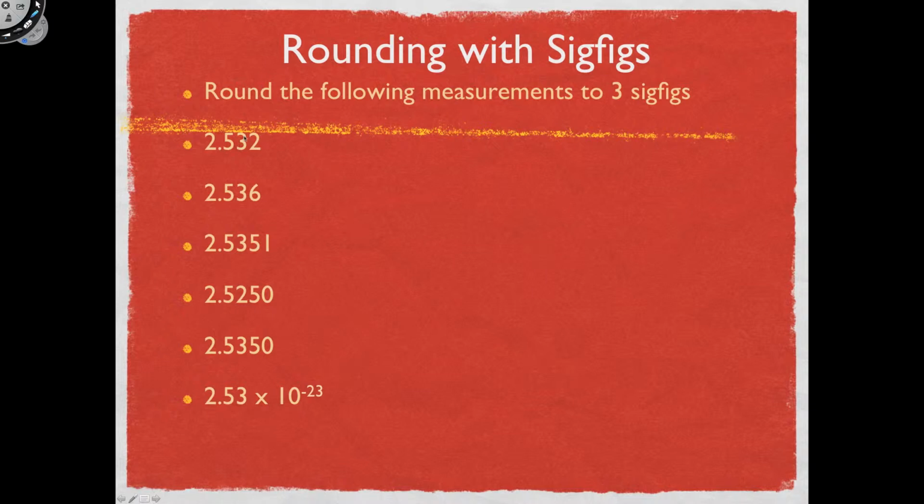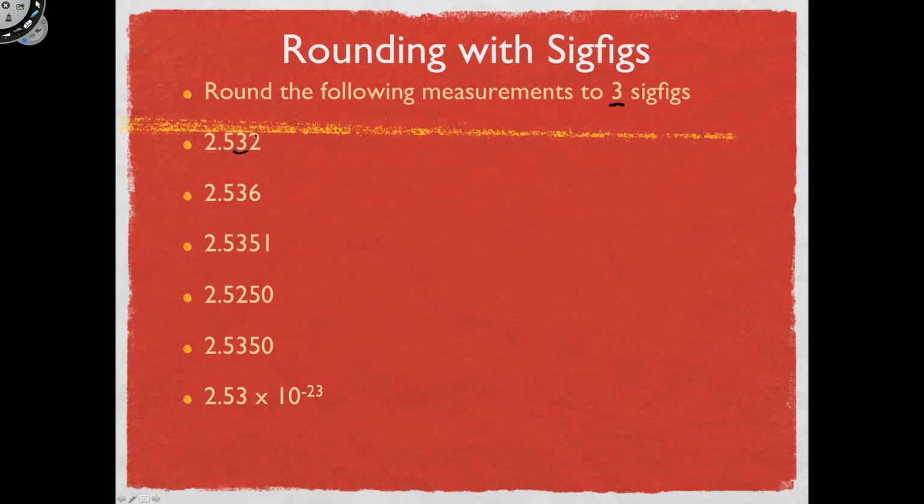The first example, we have 2.532, 4 sig figs. So we couldn't leave this number this way because the direction tells us to round it to 3. So we count from left to right, and we find the third sig fig. 1, 2, 3. So number 3 is the third sig fig.